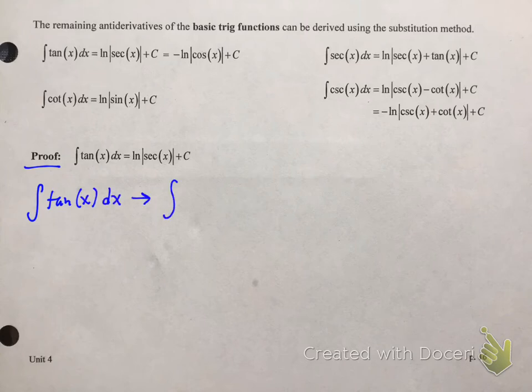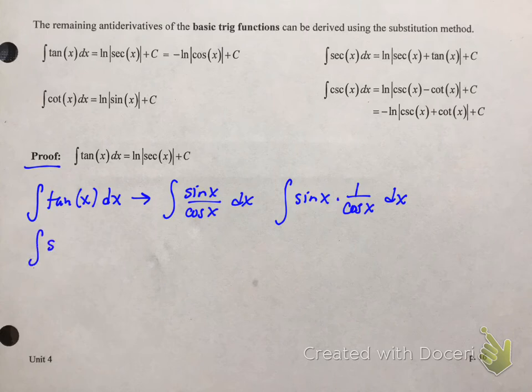So I get the integration of sine x over cosine x dx. If I have a quotient, I can't integrate that as it stands, so I need to rewrite it as the integration of sine x times 1 over cosine x dx.